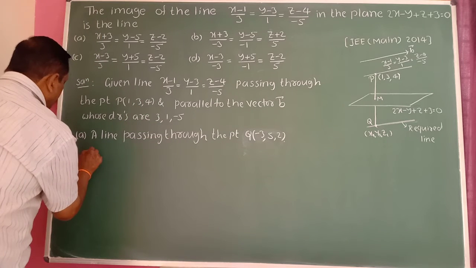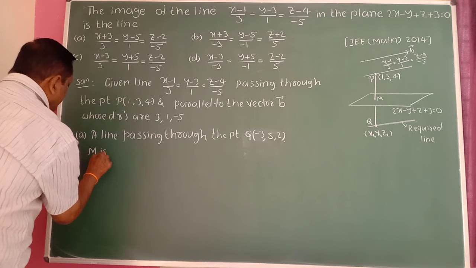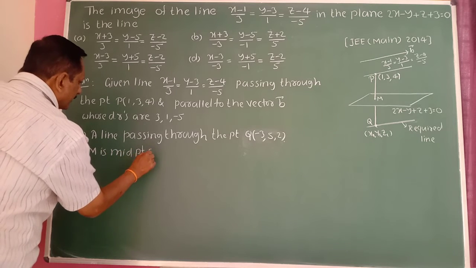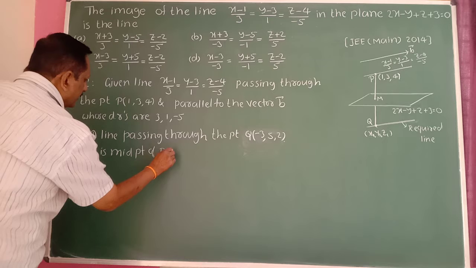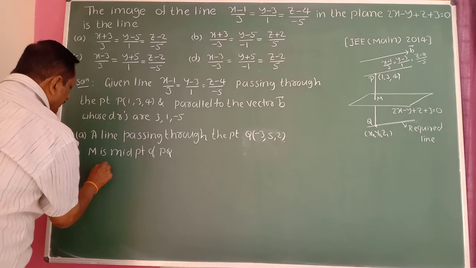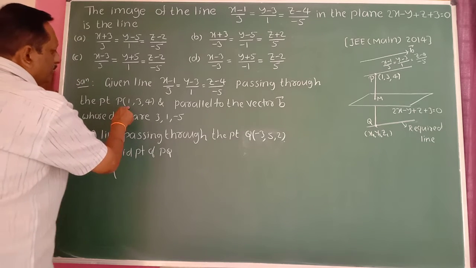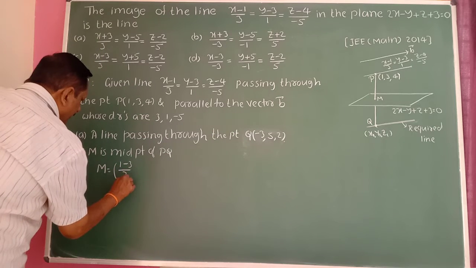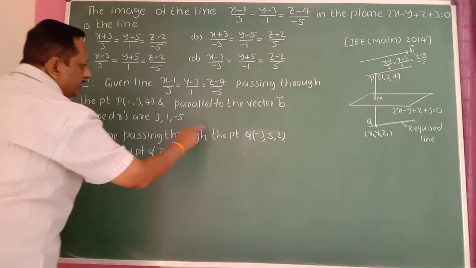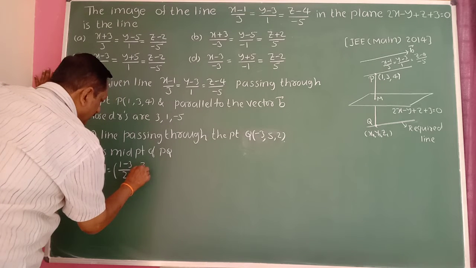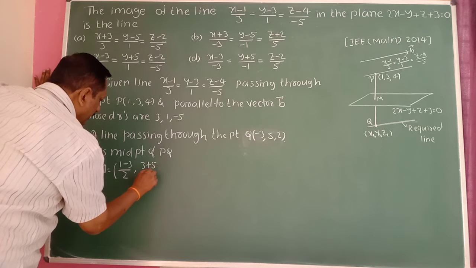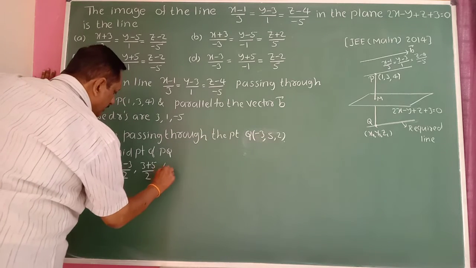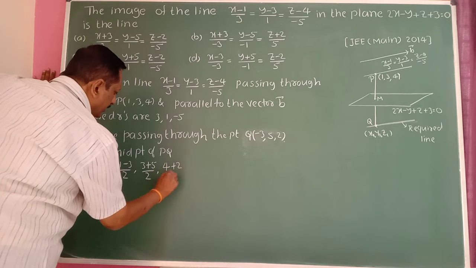So M is the midpoint of PQ. Therefore, M equals ((1 minus 3)/2, (3 plus 5)/2, (4 plus 2)/2).